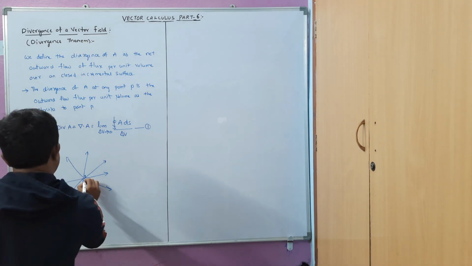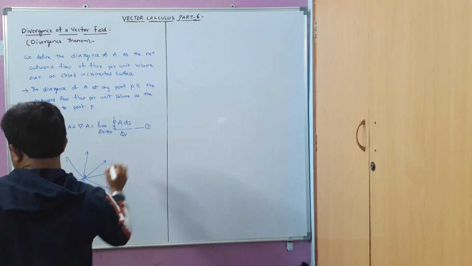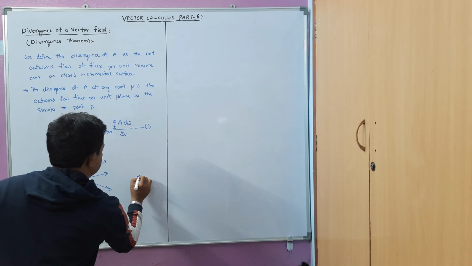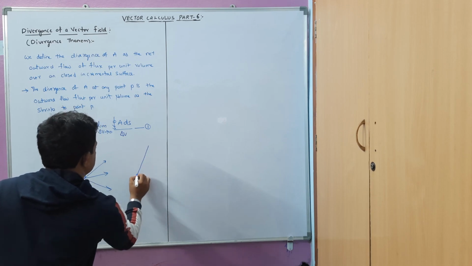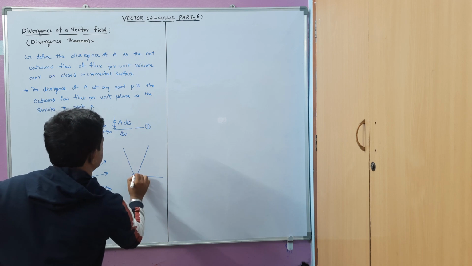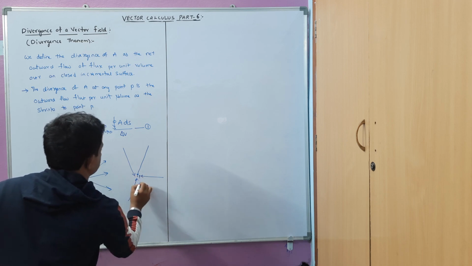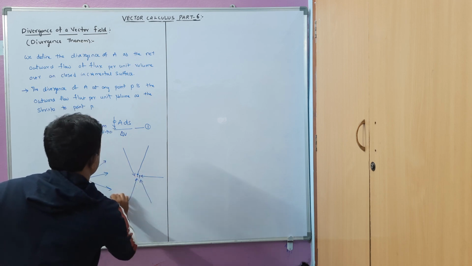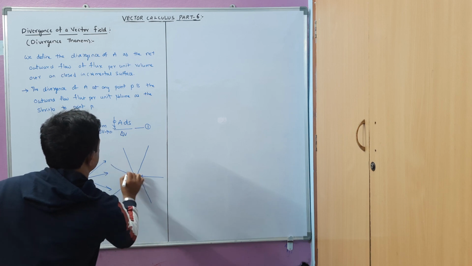One is like this, another is like this, where the point is like this and all the flux lines are approaching it.